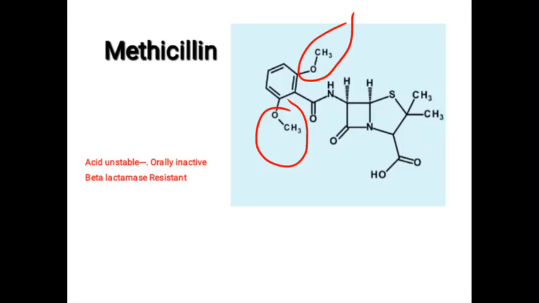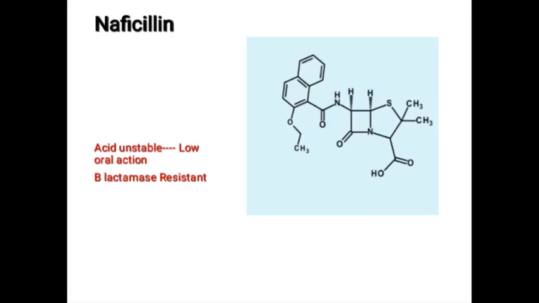Now we have a problem. It is orally unstable, so it cannot be given orally. Then we have methicillin, which applies the same. Here we have a bulk group which is acting as steric hindrance, so beta-lactamase resistant, acid unstable.